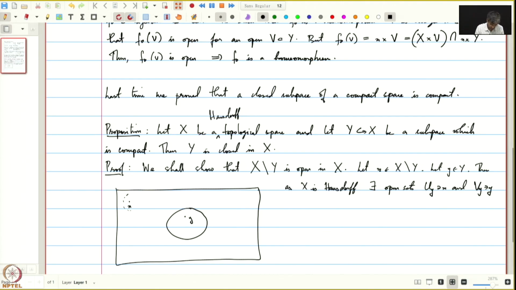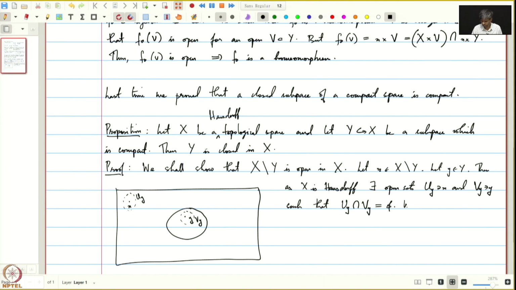So this is our U_y and this is our V_y, such that U_y intersection V_y is empty.